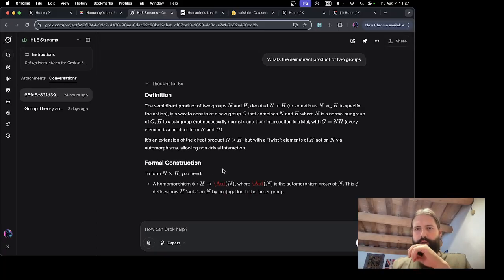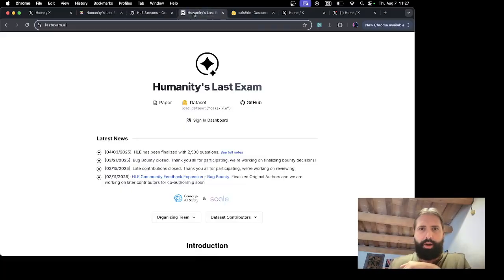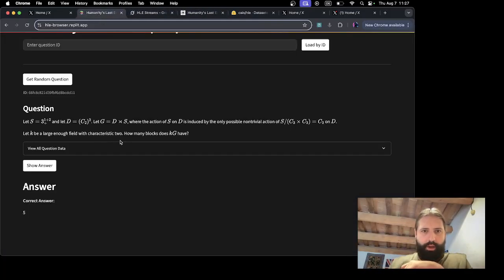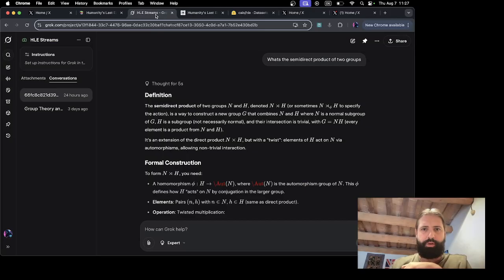N and H. That's correct. It's denoted like this. Okay, so they're using the X, but it has a stripe, so it's a semi-product. And here we've got the same for D and S, and it's probably going to be the product with just some extra or limited in terms of certain properties.